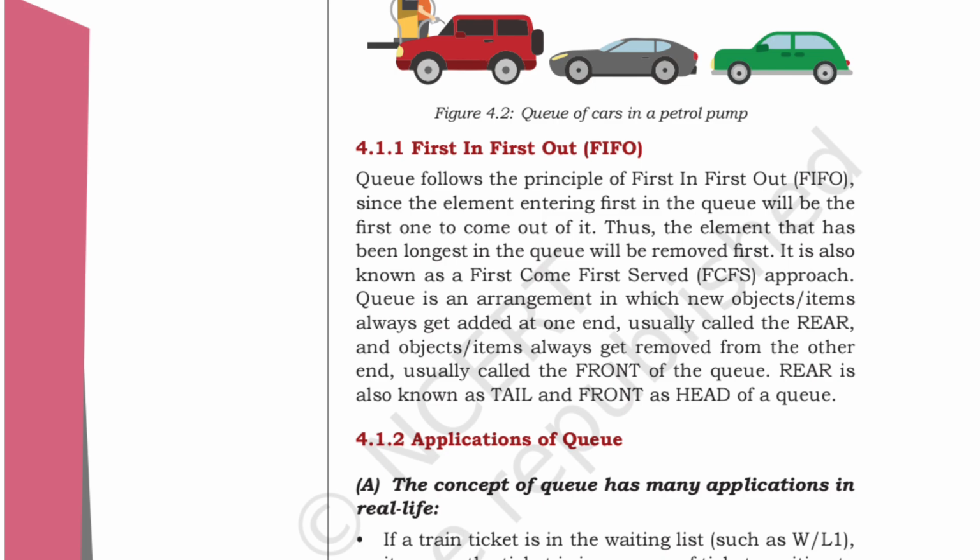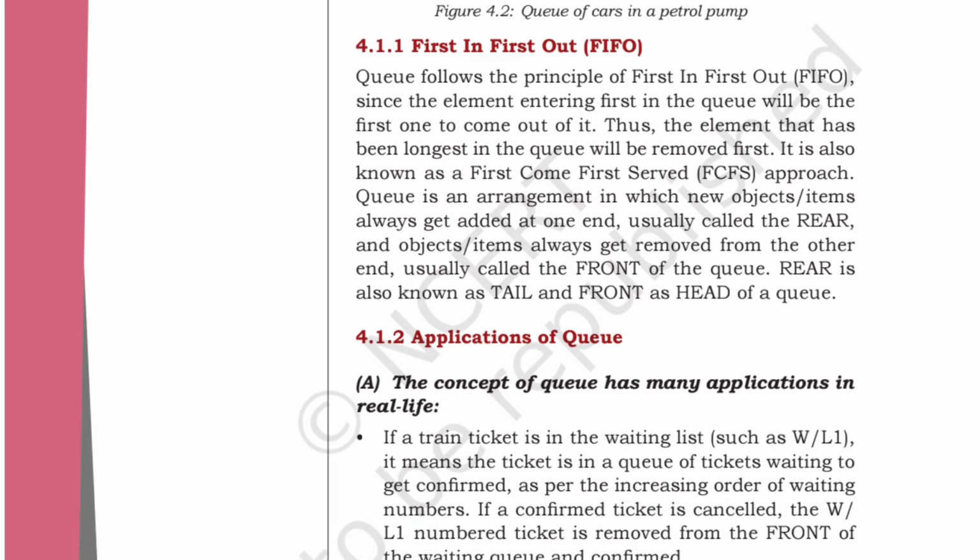Means whatever we push first will be removed first when we have to remove an element from the queue. That is your first come first serve approach. That end is called the front of the queue, and rear is also known as tail and front as head of the queue. That we will see in detail.